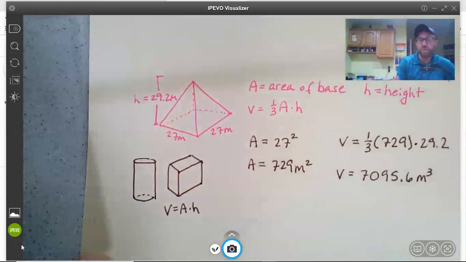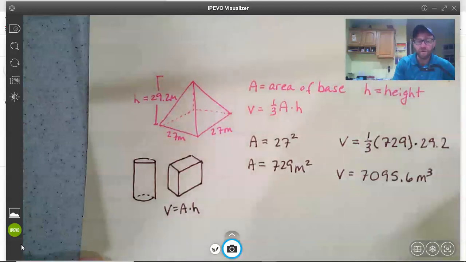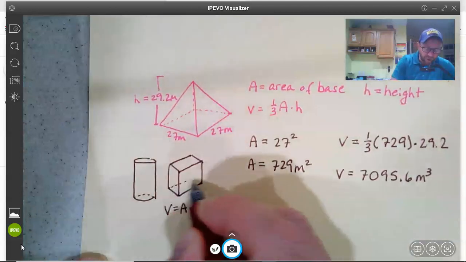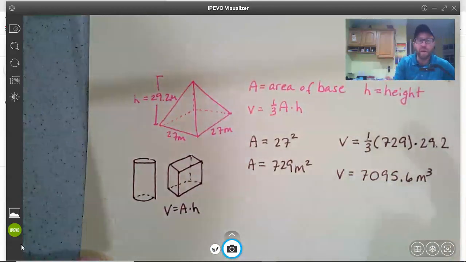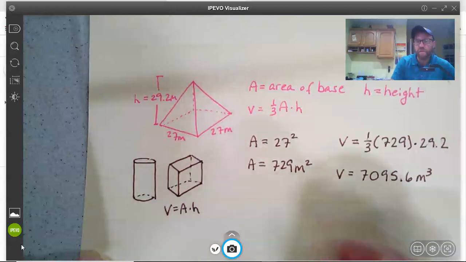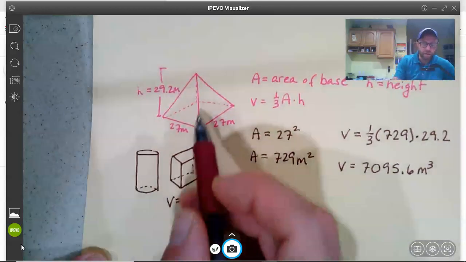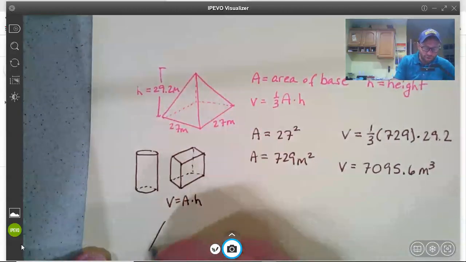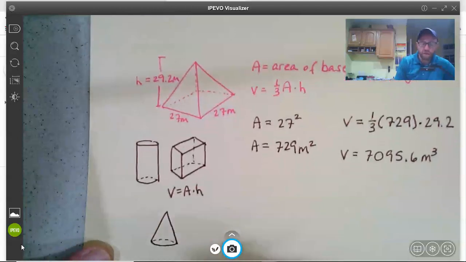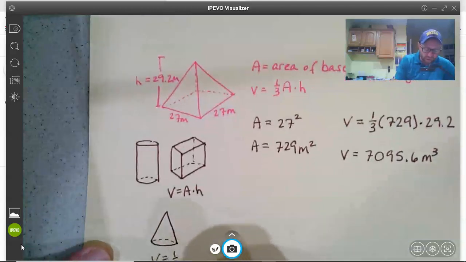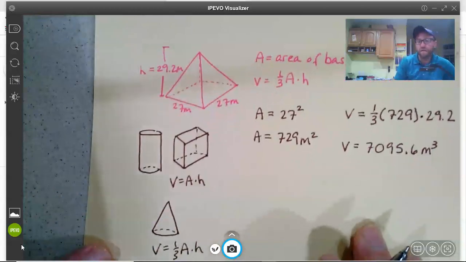So when the sides go straight up, it's just area of the base, whatever that base is. So maybe here it's a rectangle, here it's a circle, it could be a pentagon, or it could be a hexagon, whatever. The area of that base times the height. If, however, it's a pyramid or this shape here, a cone, that's where you get the volume is 1/3 area of base times height.